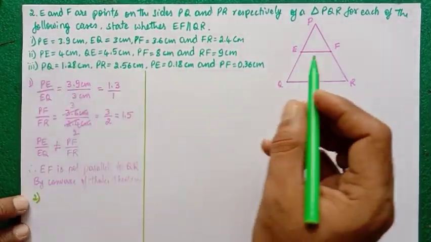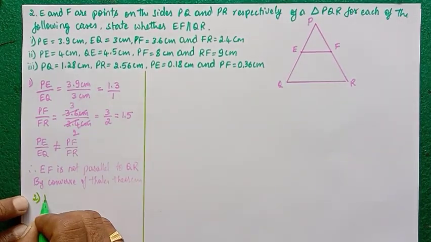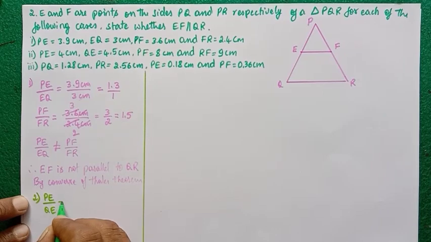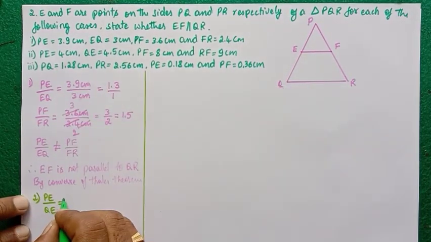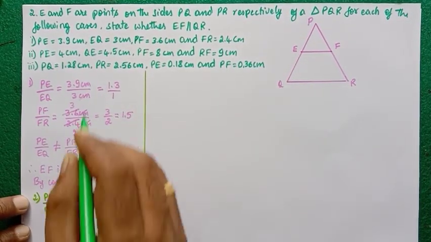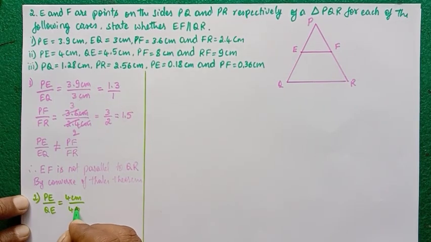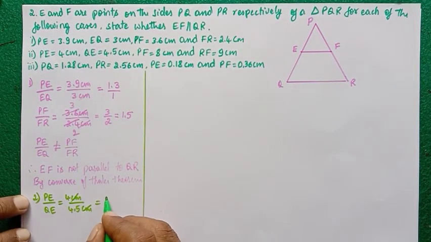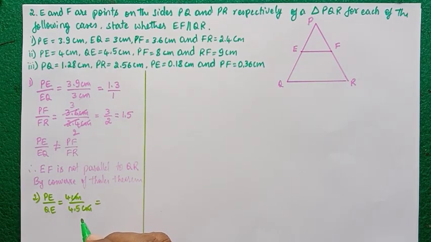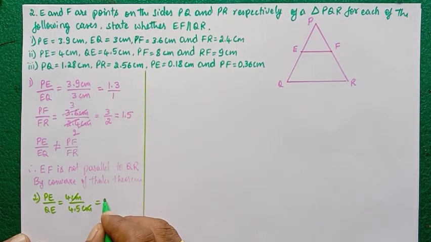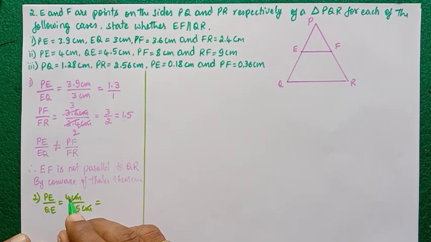So PE by QE is there here. PE is 4 centimeter. QE is 4.5 centimeter. Here 8 by 9.